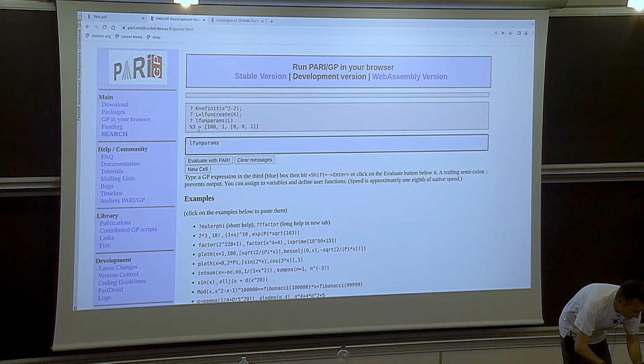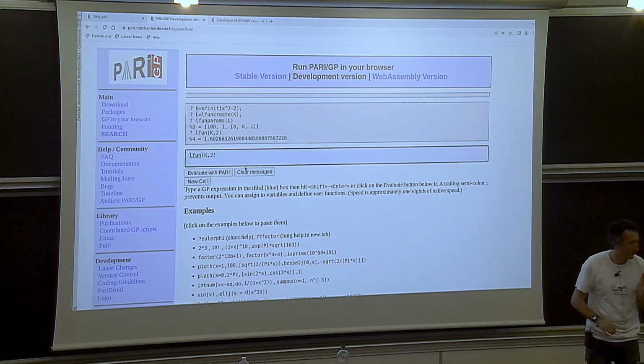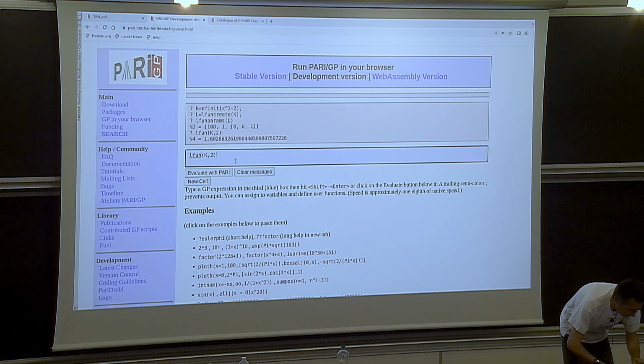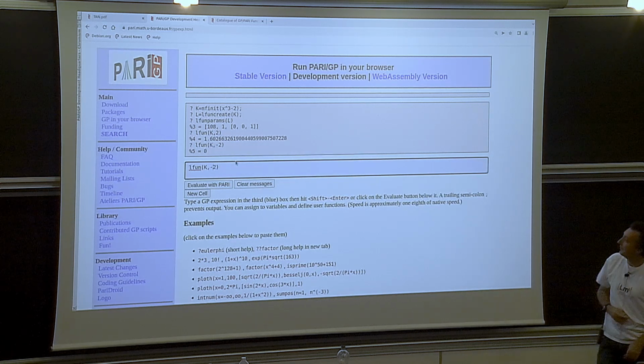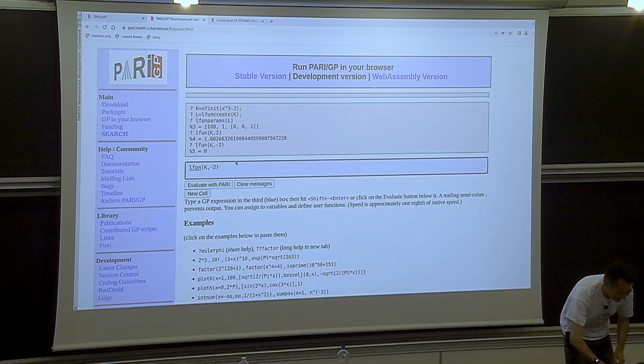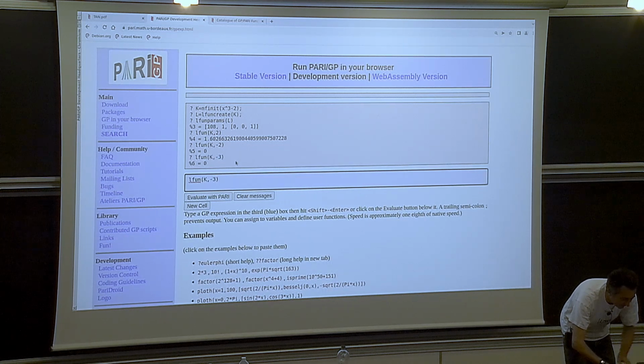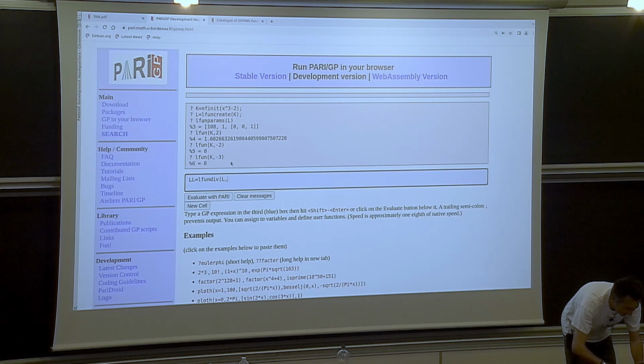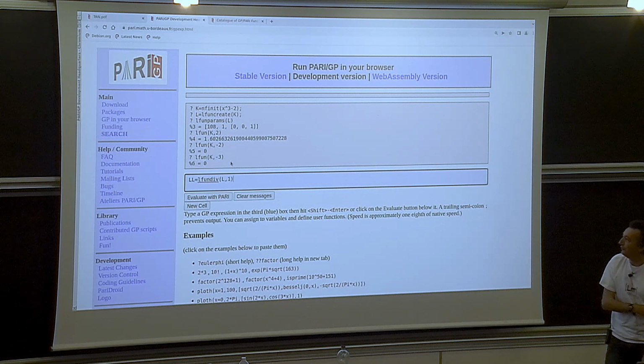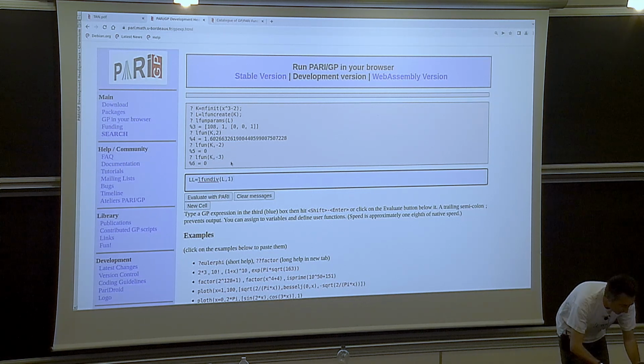So we can ask for the value at 2 maybe, -2, and if you want, -2, 0, -3, okay? And you can also divide it by the zeta function. So we do the division with lfundiv of L and 1. 1 is the code for the zeta function. There are a lot of codes for the zeta function. And okay.